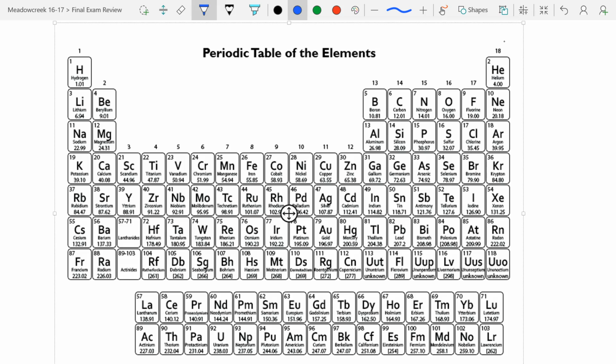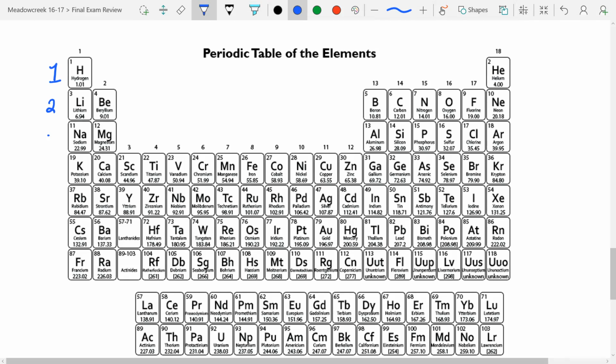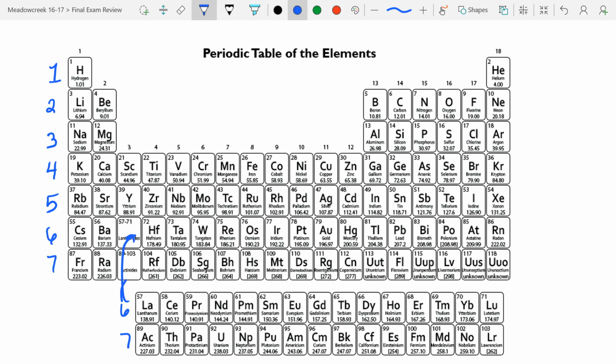Well, with the periodic table, you can number each row, 1, 2, 3, 4, 5, 6, 7, and these two at the bottom are part of row 6 and 7. They belong here and here. But I'm going to erase that because it makes it look sloppy. Those are our energy levels. So our rows are equal to our energy level.